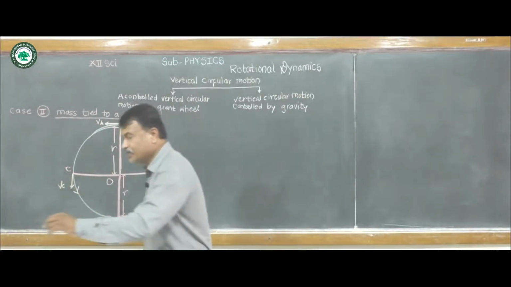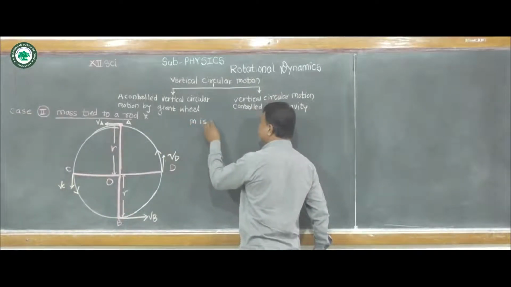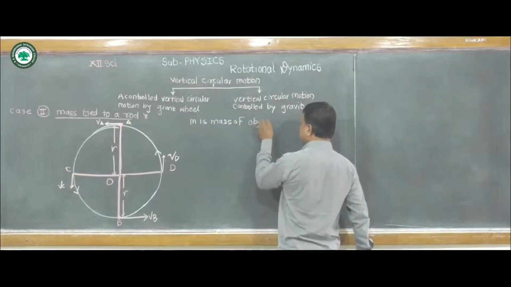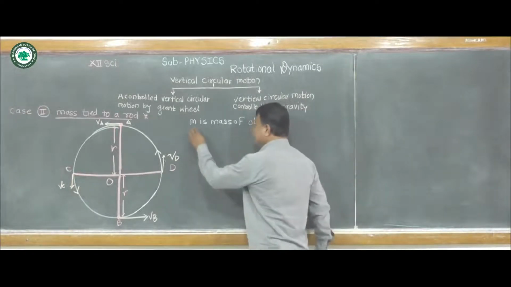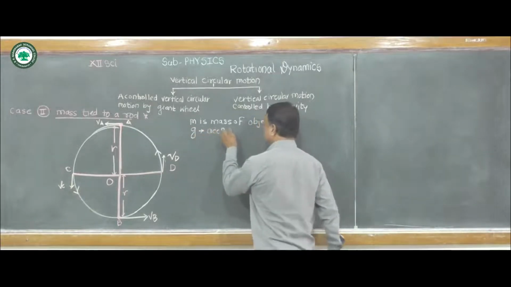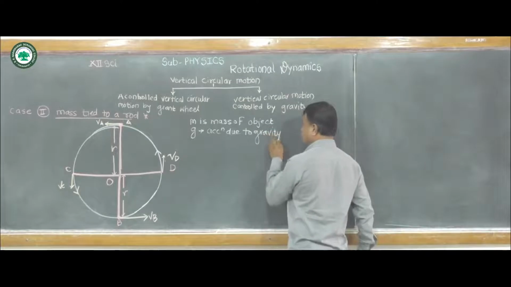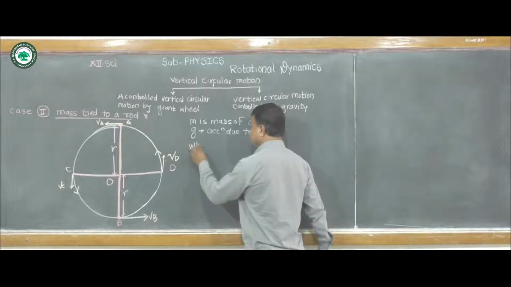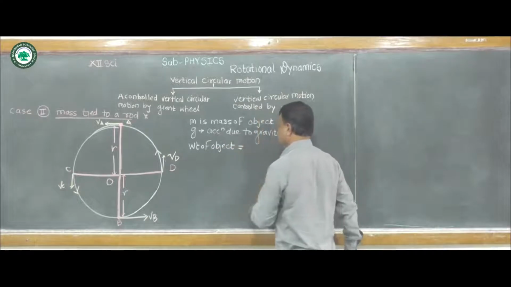Now in this case, we consider small m is the mass of object which is connected to the one end of the rod. Then g is the acceleration due to gravity. Then weight of that object is mg.